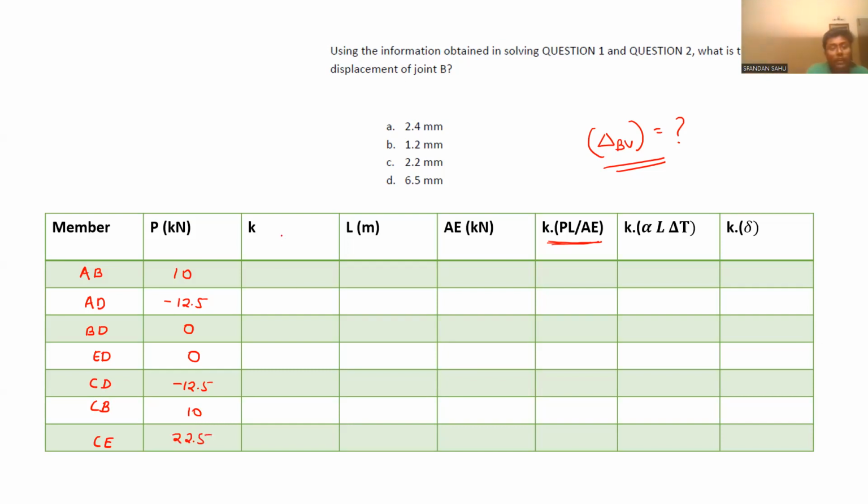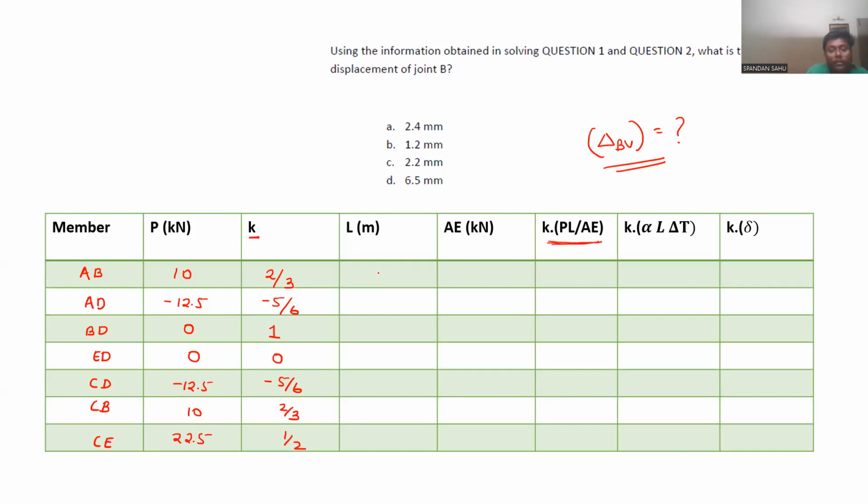And that K system means due to that unit load at joint B, vertically down. So for that we got 2 by 3, minus 5 by 6, 1, 0, minus 5 by 6, 2 by 3, and 1 by 2.